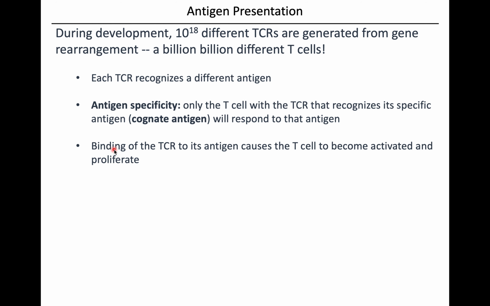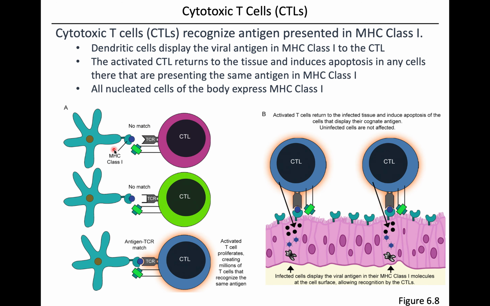Binding of that T cell receptor to its antigen then causes that T cell to activate and proliferate, make copies of itself. So it would look something like this. Imagine you've got a dendritic cell presenting this antigen using MHC class 1, right?